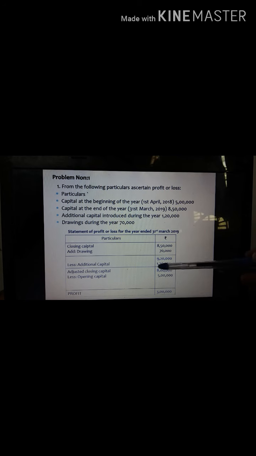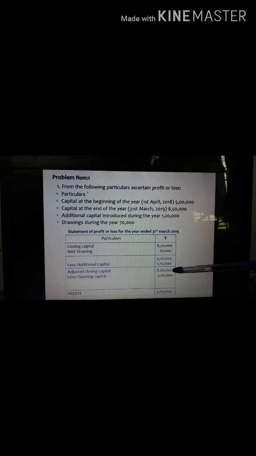This is called the adjusted closing capital. Once again, closing capital add drawings minus additional capital gives the adjusted closing capital.